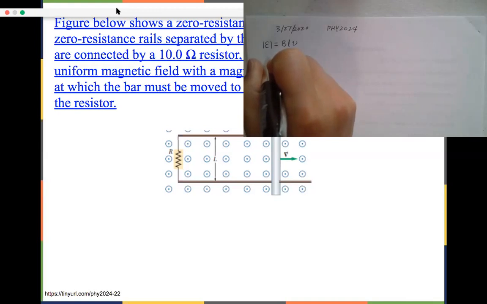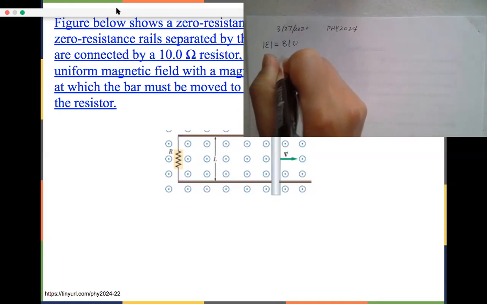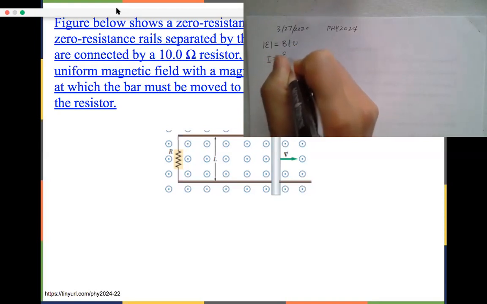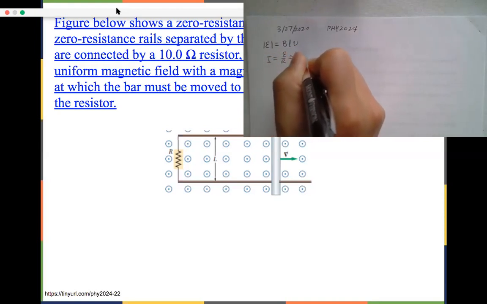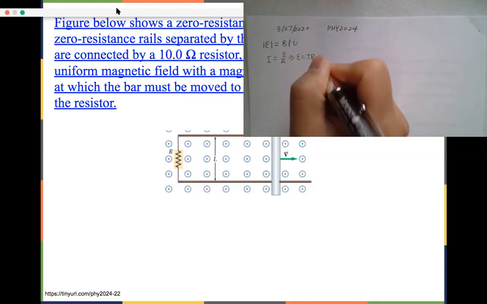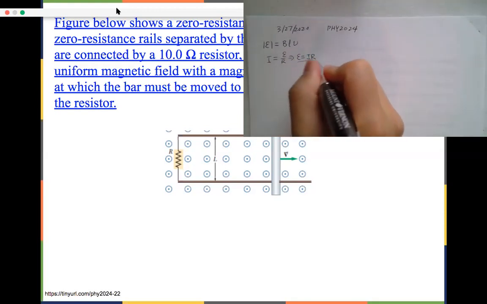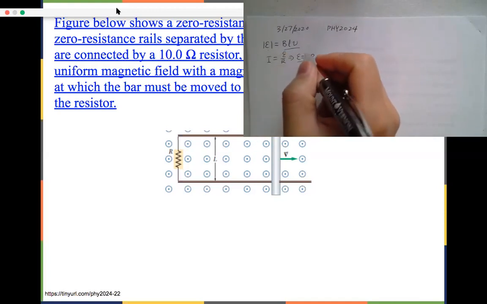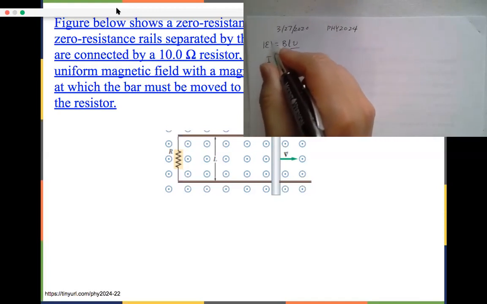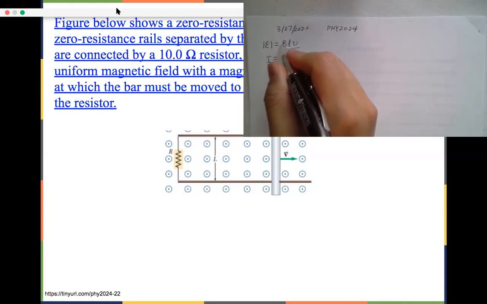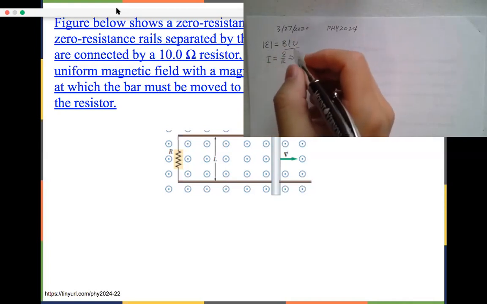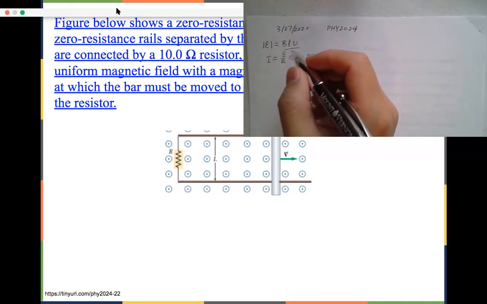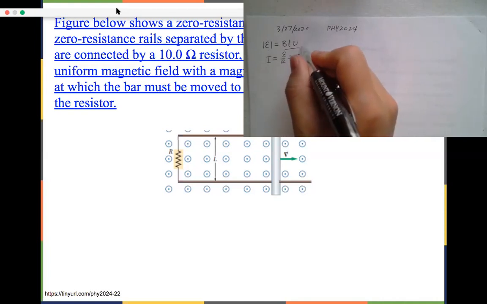The second equation you want to look at is I equals epsilon over R, or the other way around, epsilon is equal to I times R. Because this is epsilon and this is epsilon, we are taking the absolute value, so we don't have to worry about the negative sign, because the direction of the current doesn't really matter. We'll just look at the magnitude.